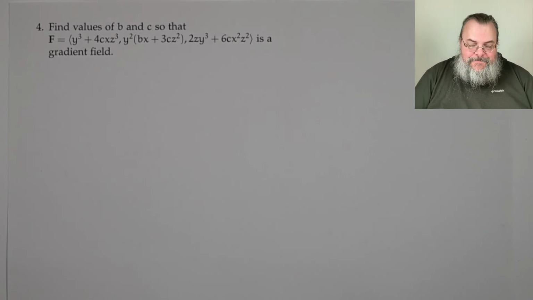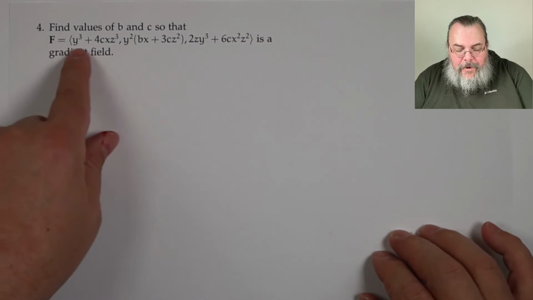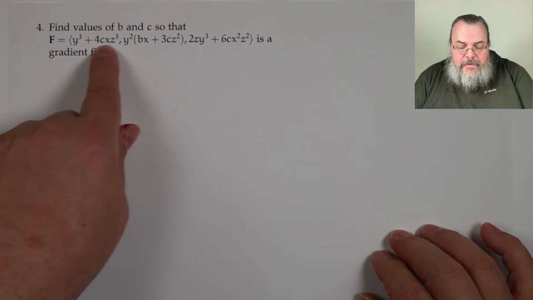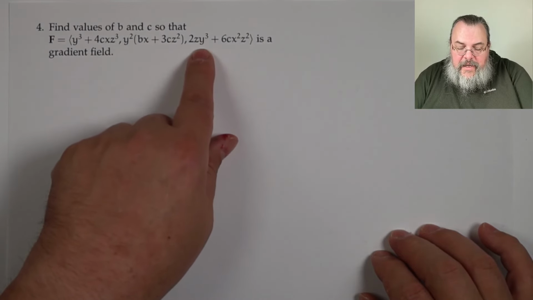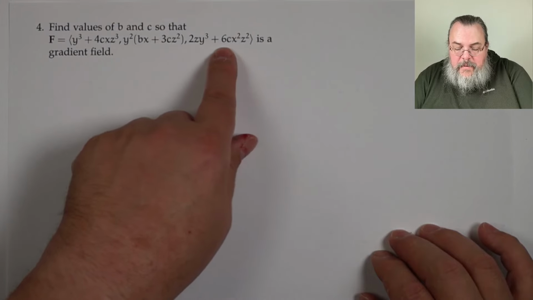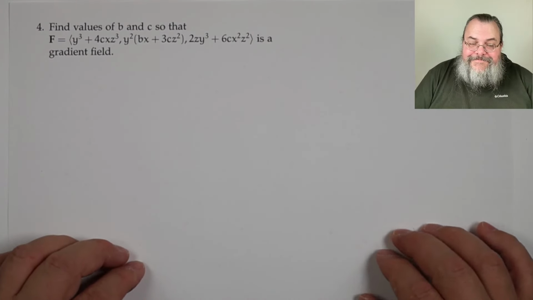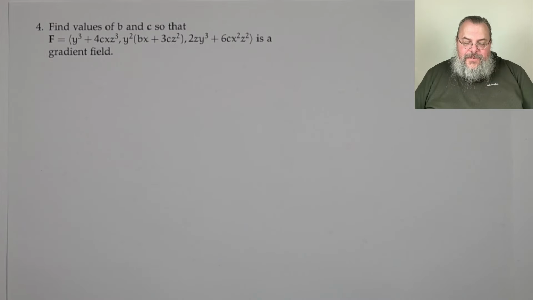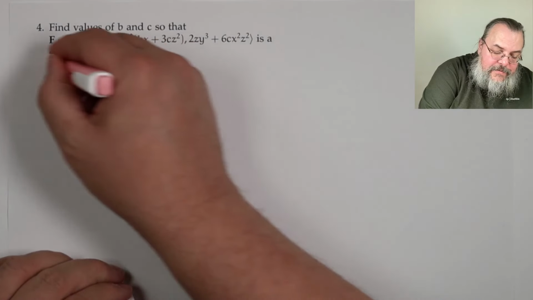Number 4. Find values of b and c so that this F, <y cubed plus 4cx cubed, y squared bx plus 3c z squared, and 2zy cubed plus 6cx squared z squared>, is a gradient field. Okay, so let's remind ourselves. What does it mean when it says, hey, this is a gradient field?